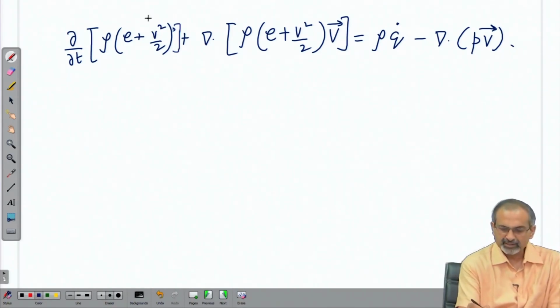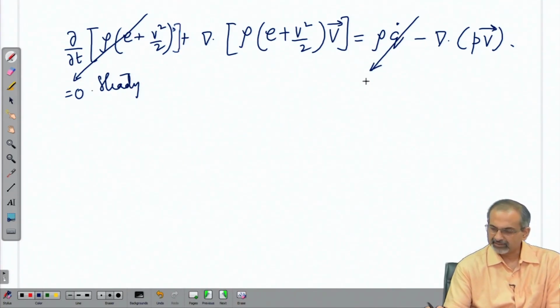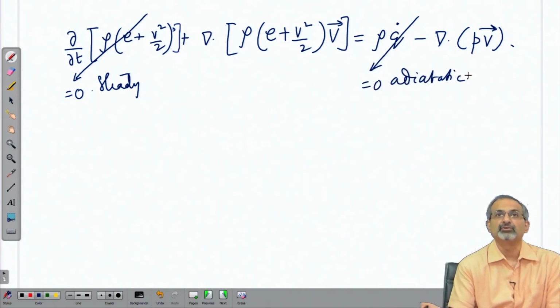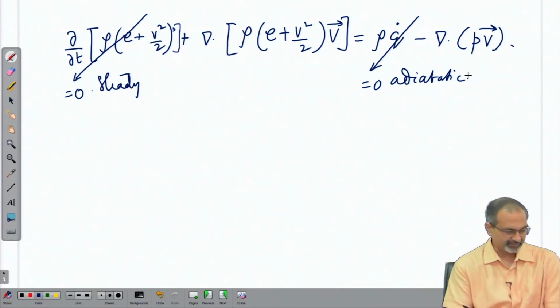Now, as you can understand, if the flow is steady, then you can drop this term. If the flow is adiabatic, that means there is no heat transfer, then this term can also be dropped. So, these are simplifications which one can think about for certain cases.